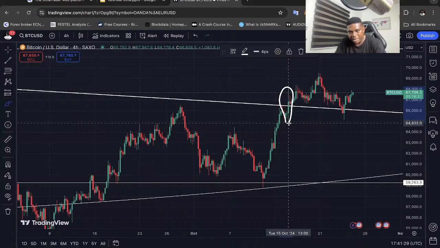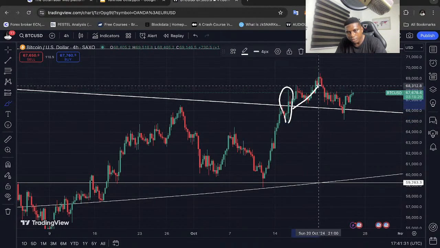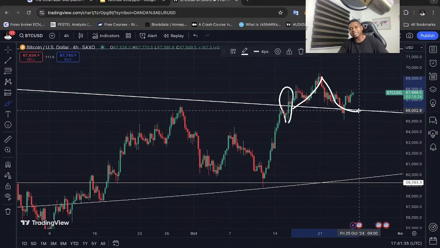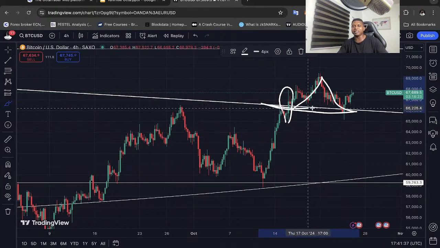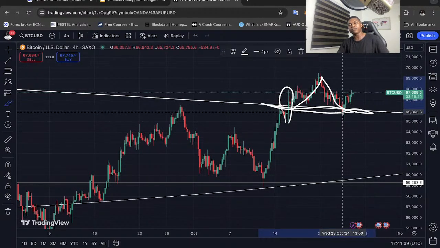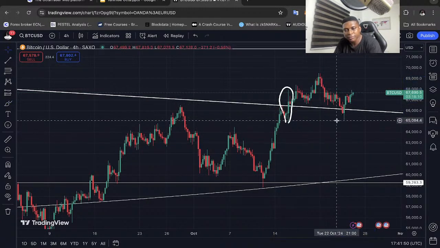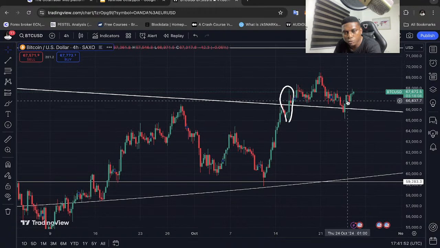And now the price went up, came down to retest that trend line to be sure it's strong enough to act as a support, and then we can see it clearly acted as a support at this level and then pushed price up.